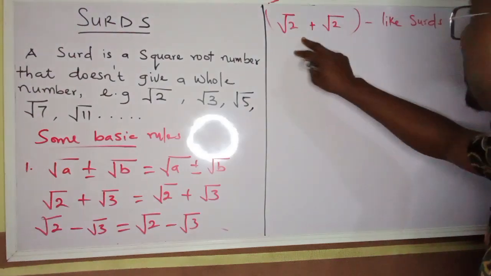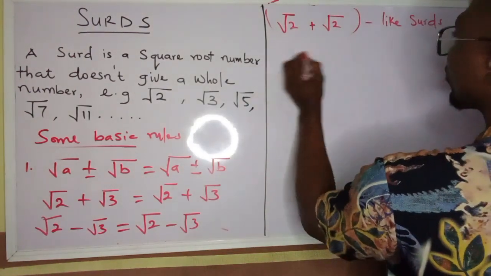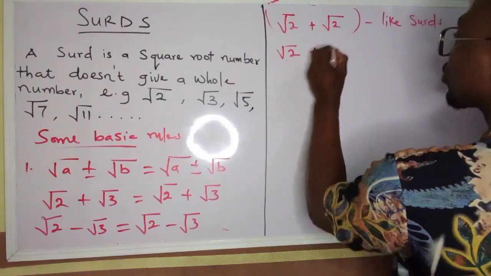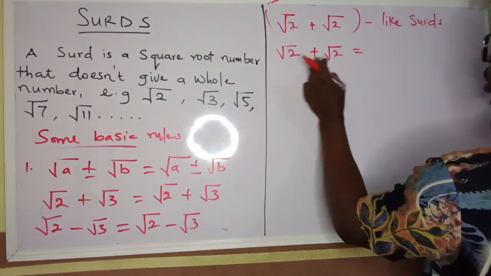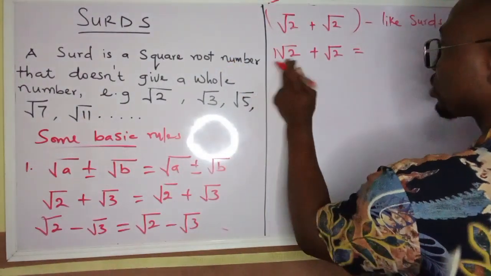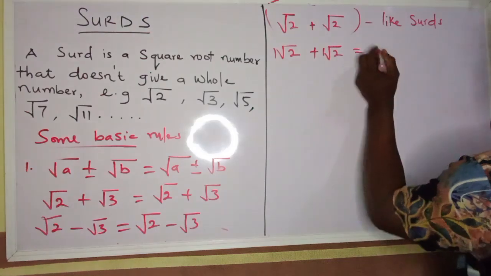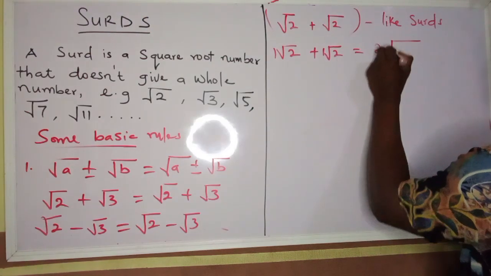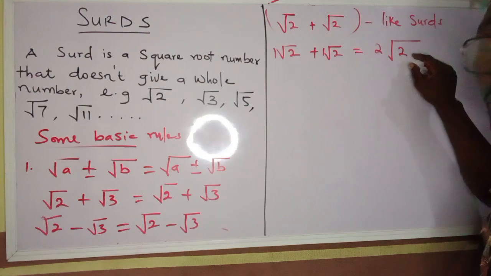So in this case, the square root of 2 plus the square root of 2 becomes 2 square root of 2. This is the same thing as 1 square root of 2 plus 1 square root of 2. So 1 plus 1 becomes 2, 2 square root of 2, that is 2 root 2.